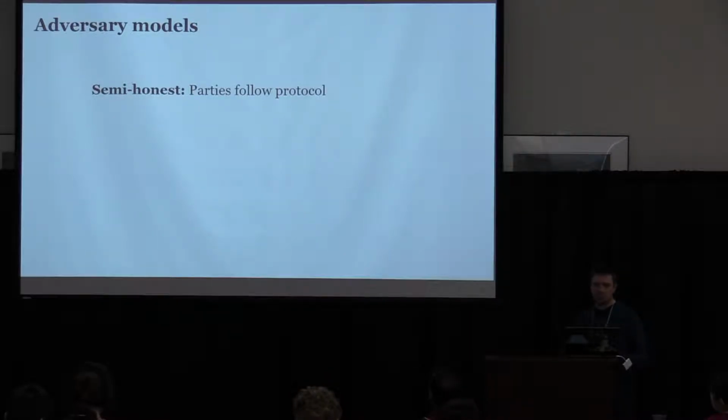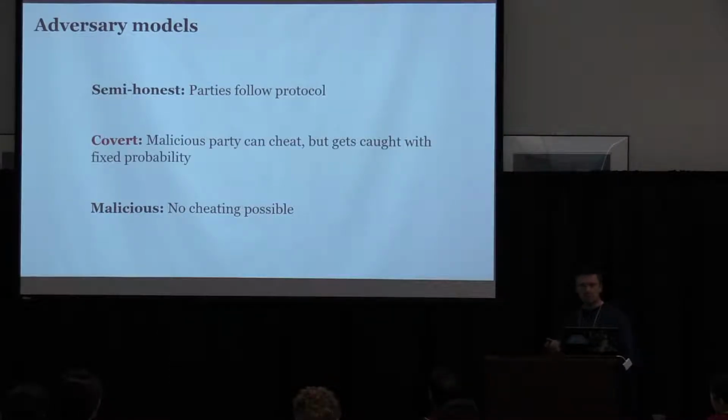What's missing here? Well, Alice in fact can cheat if she wanted to, right? In the semi-honest model, we assume that away. We assume that nobody cheats, so that is fine. But what we really want is a malicious model where whatever you do, you cannot gain advantage. But that's expensive, so people looked at a covert model that was proposed by Aumann and Lindell in 2007.